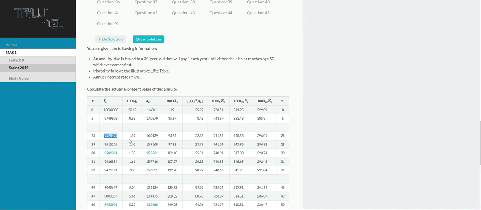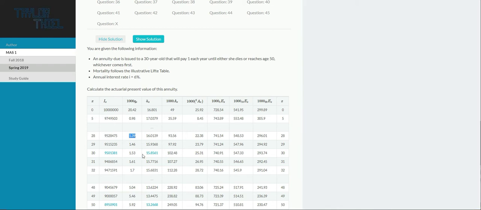So this is the death rate of 28-year-olds, what proportion of them died before they achieved an age of 29. And then they multiply it by an arbitrary 1,000. So if you had 1,000 people, how many would you expect to die during their 28th year? And it's 1.39.